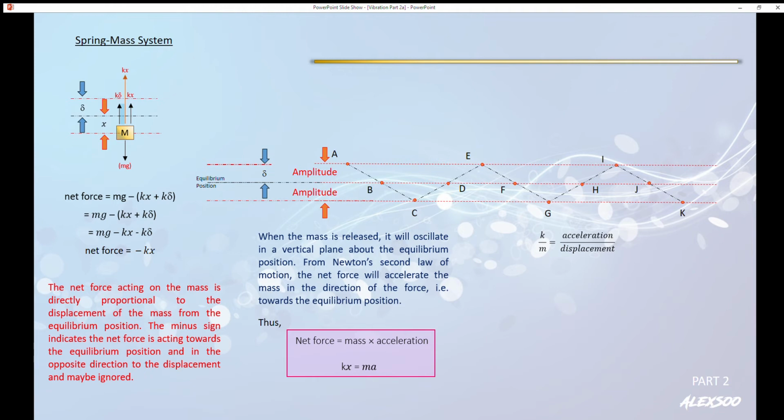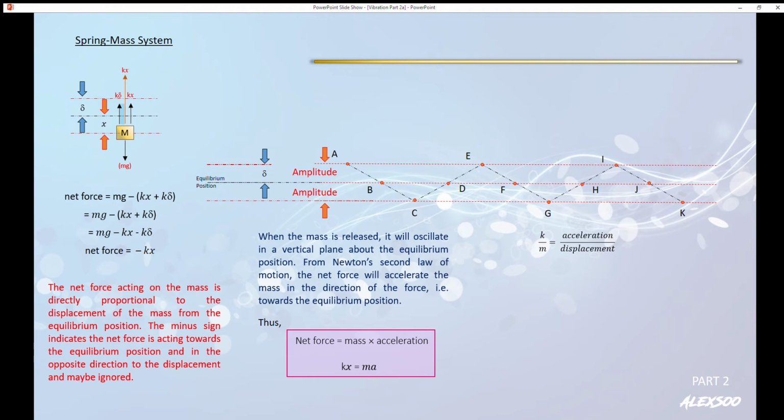So kx equals ma, where k is the stiffness of the spring, x is the displacement of the spring, m is the mass, and a is the acceleration of the mass. If you manipulate kx equals ma, you get k over m equals a over x, where x refers to displacement.